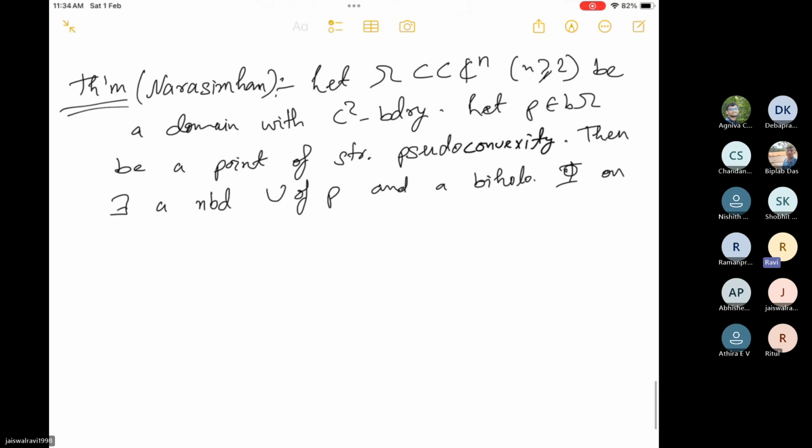So I was stating this Narasimha theorem. It says that let omega be a domain with C2 boundary and let P be a point of strong pseudoconvexity. Then there exists a neighborhood U of P and a biholomorphism phi on U such that phi of U intersection boundary omega is strongly convex.